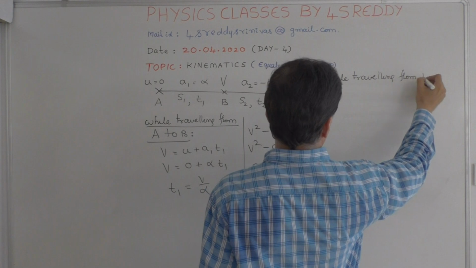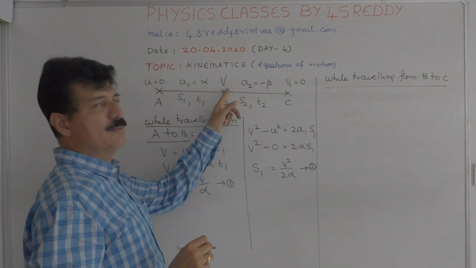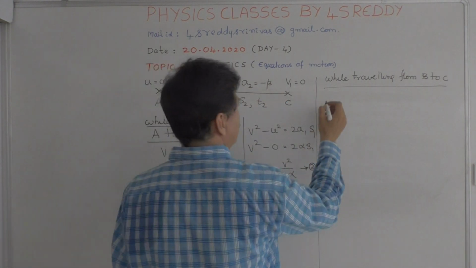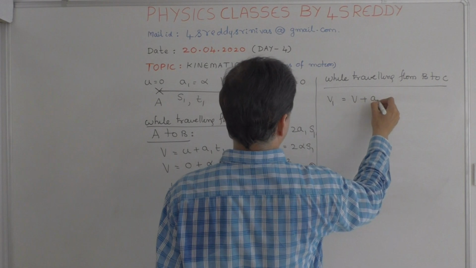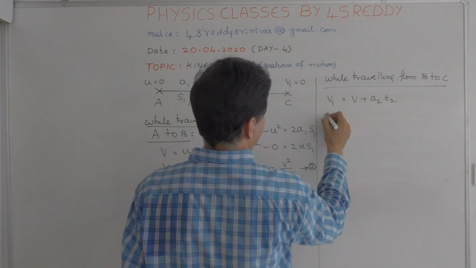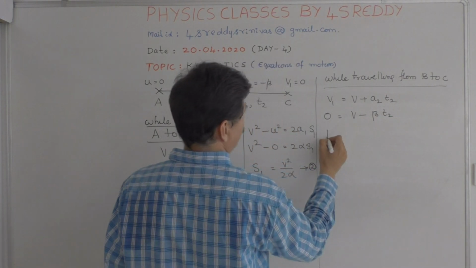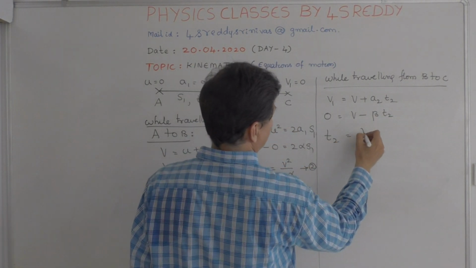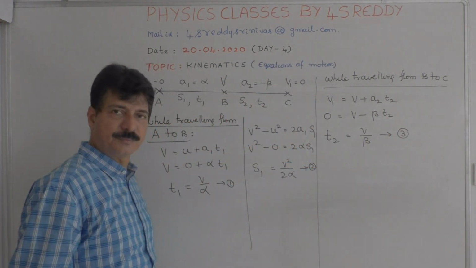And thereafter, while traveling from B to C, in that case what happened? This becomes initial and this becomes final. So, V1 = V + a2 t2. 0 = V − beta t2. Therefore, t2 = V by beta is the third equation.